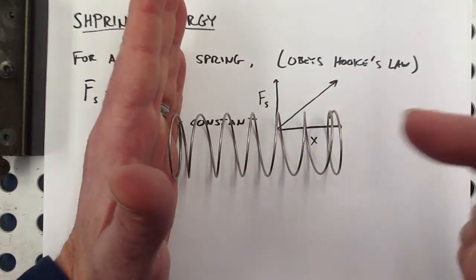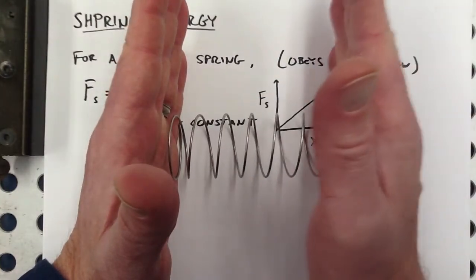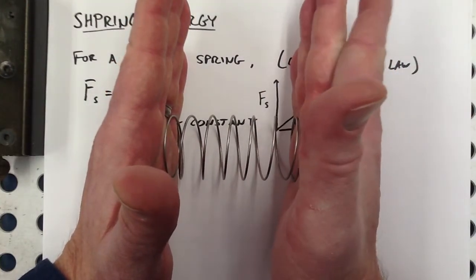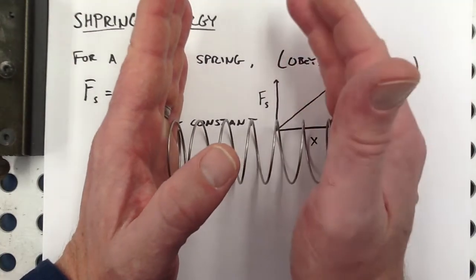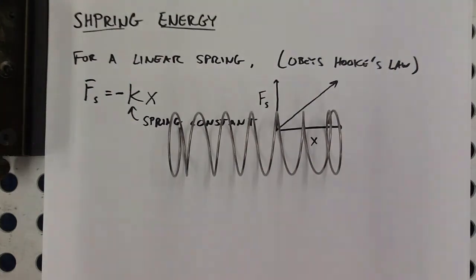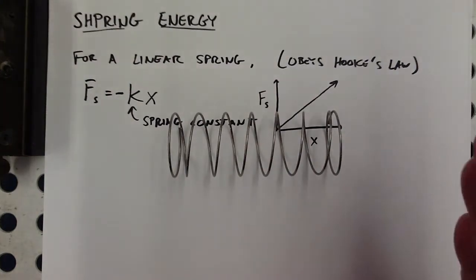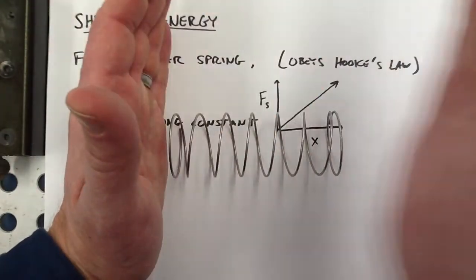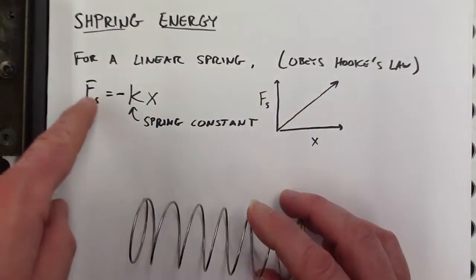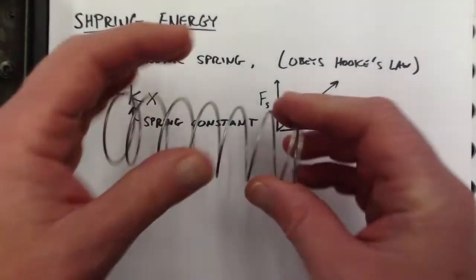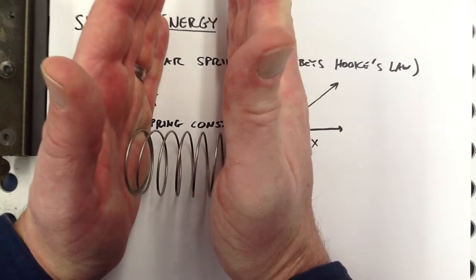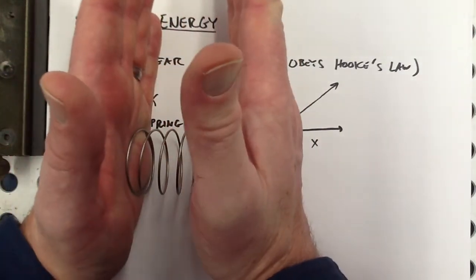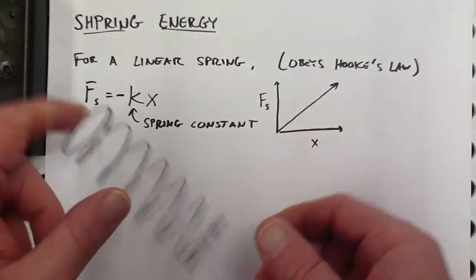So the displacement, the x, would be this way. What direction is the spring pushing? The spring force is pushing back the other way. We don't want to confuse the spring force with the McGrath force, which is compressing the spring. We're talking about the force exerted by the spring. Now, of course, if there's a force of spring on McGrath's hand, then there's an equal opposite force of McGrath's hand on spring. Everything comes in those third law pairs.